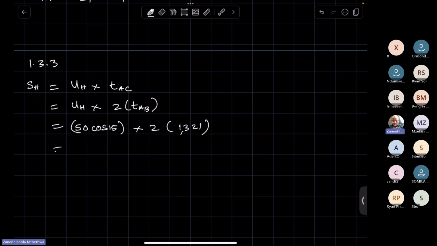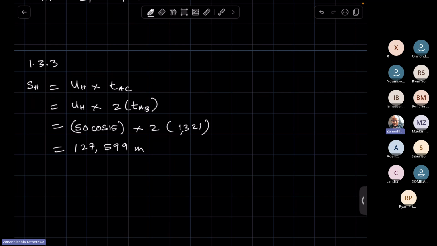And what do we get here? 127,598. So this will be 599 meters, because there is an 8 after the 8.